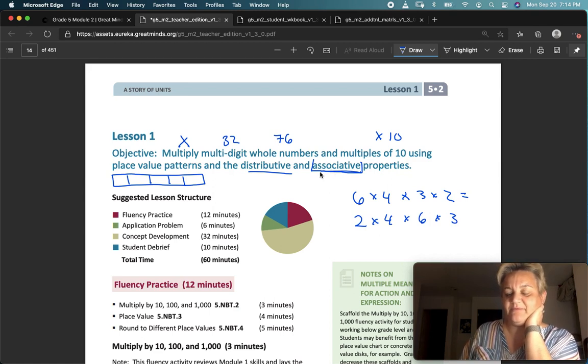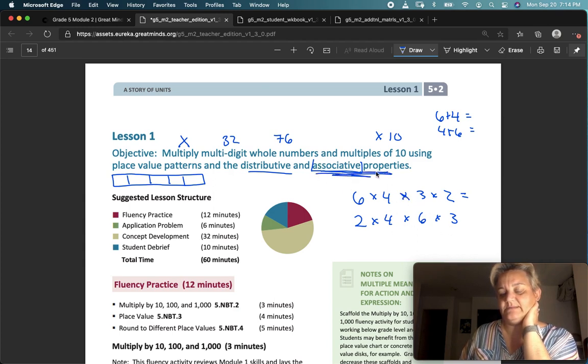Associative property means that in multiplication and addition too, 6 plus 4 is the same as saying 4 plus 6, or 6 times 4 is the same as saying 4 times 6. I can reorder those numbers in any way that I want. Subtraction doesn't work that way, division doesn't work that way, but multiplication and addition do.